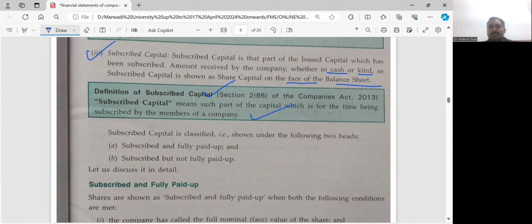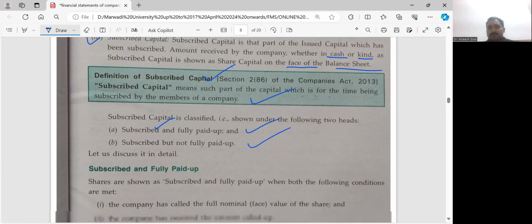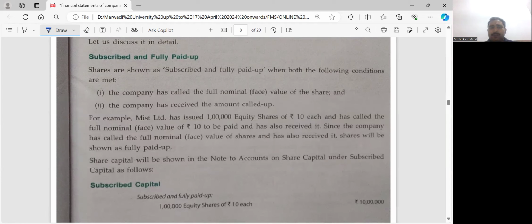Subscribed capital may be subscribed and fully paid up, or subscribed and not fully paid up. For subscribed and fully paid up, for example, the company issued 1 lakh equity shares at the rate of 10 each and has called the full nominal amount, all 10. Then it is called subscribed and fully paid up.